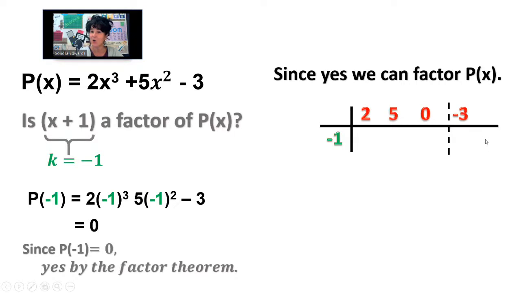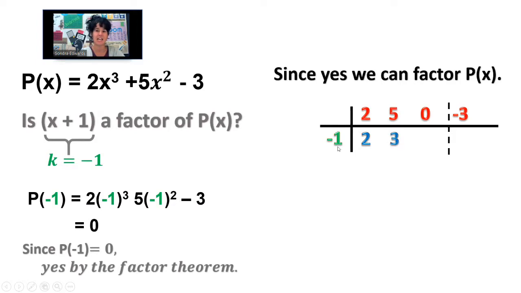We already know that right there is going to be 0 because we found the remainder. Let's synthetically divide. So we're going to drop it down. So 2 comes down. Multiply across. -1 times 2 is -2. Add diagonal. Plus 5. So -2 plus 5 is 3.